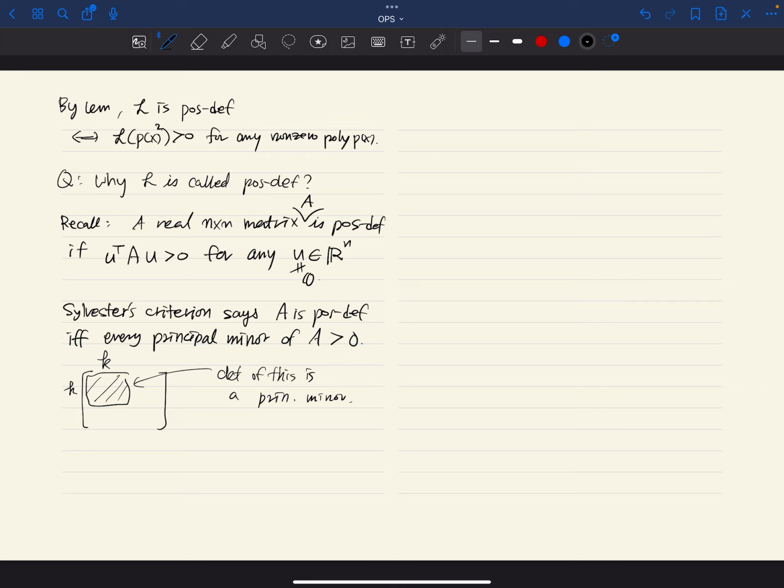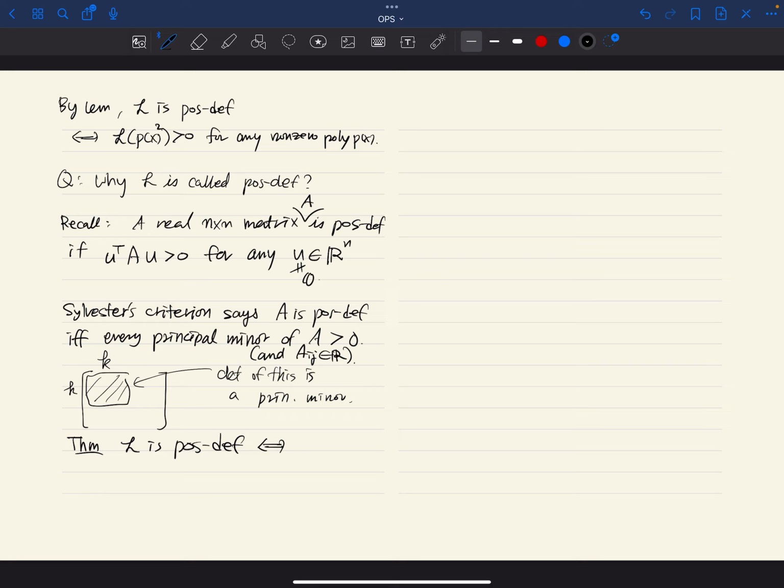So now we can justify the terminology positive definiteness. So L is positive definite if and only if, oh, sorry, I think I already mentioned the real case. A matrix is positive definite if every minor is positive and every entry is real.